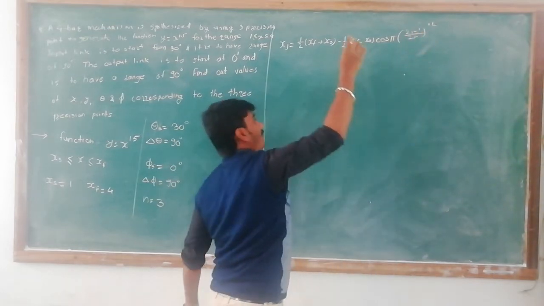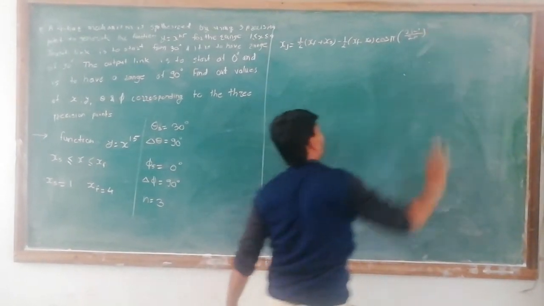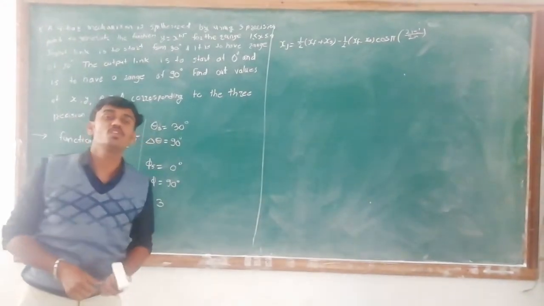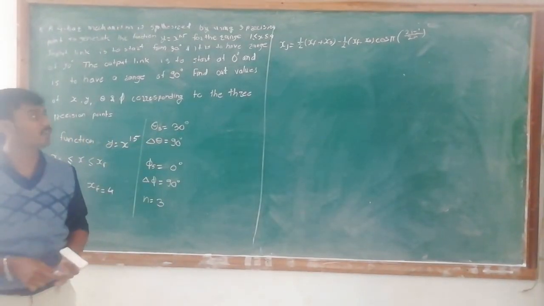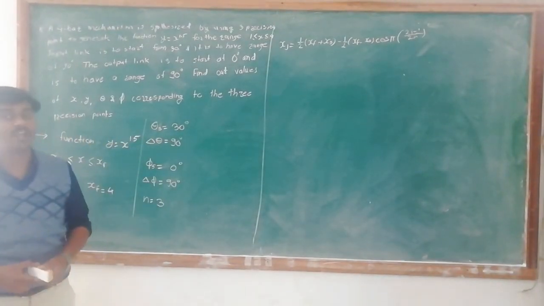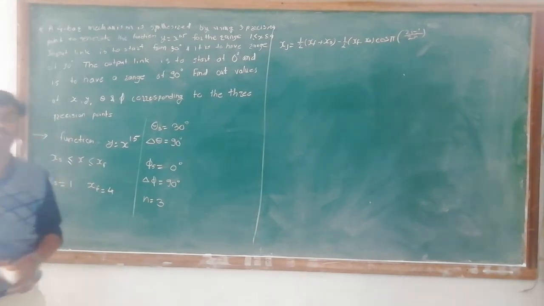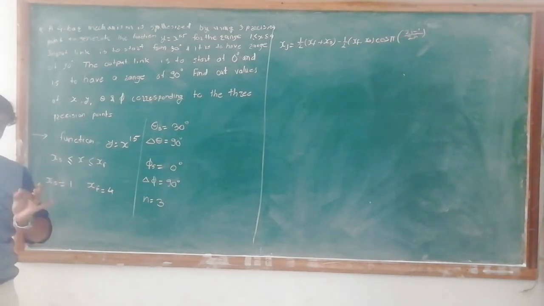This is the formula to find the value of x at the different positions. We have to find the 3 precision points, that is x1, x2, x3.